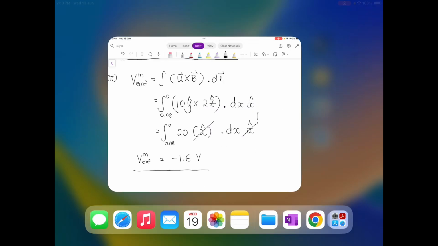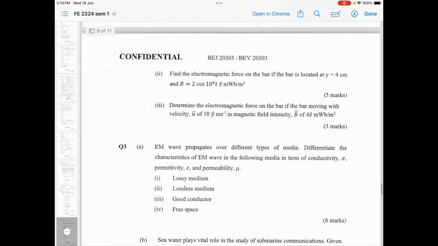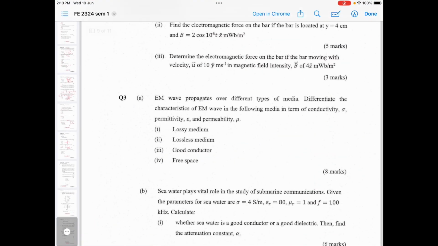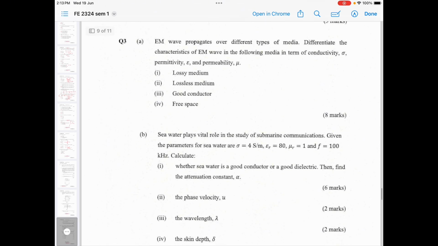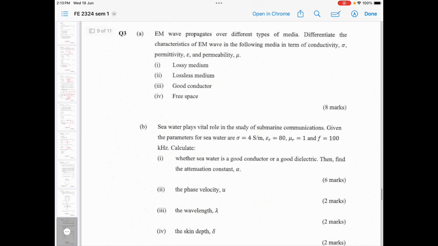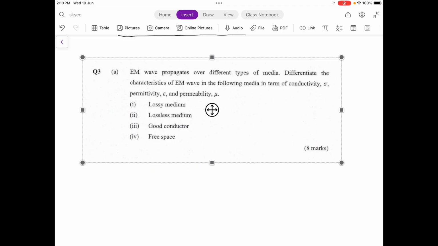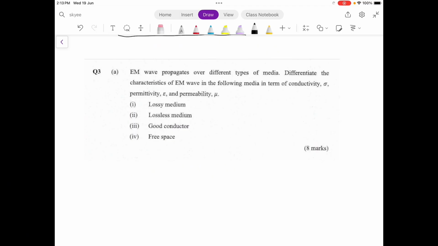We go to question number 3. This is a question from chapter 4. The electromagnetic wave can propagate over different types of medium. This is what we discussed previously in chapter 4. Differentiate the characteristics of the EM wave in the following media in terms of conductivity, permittivity, and permeability.